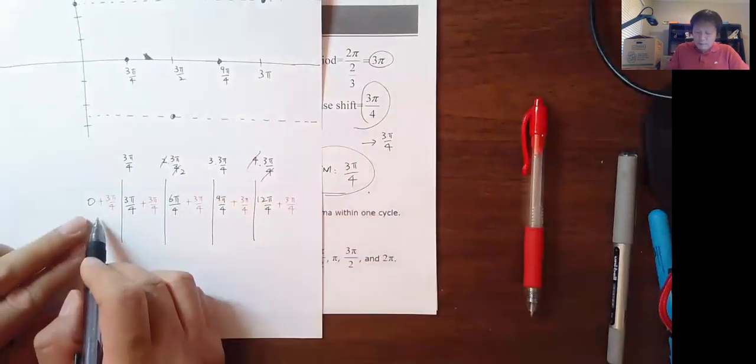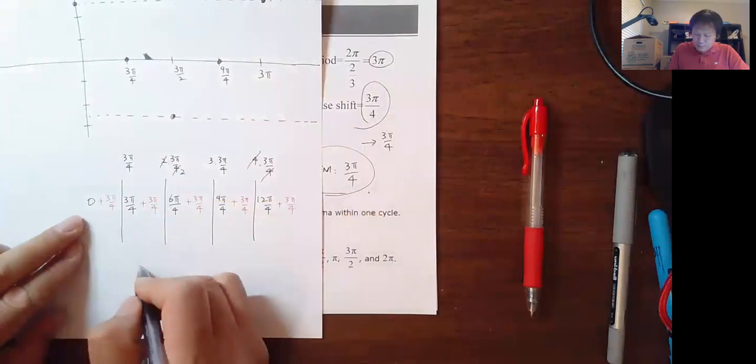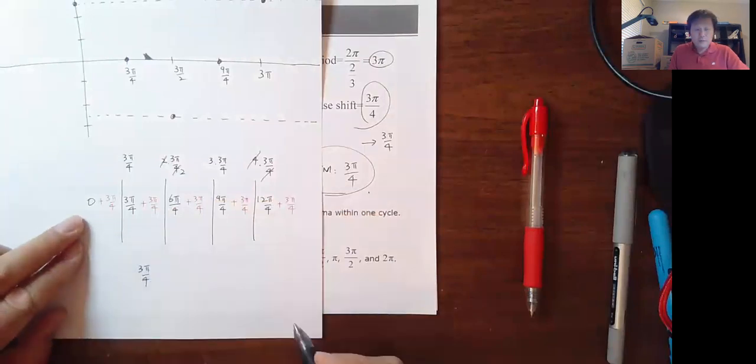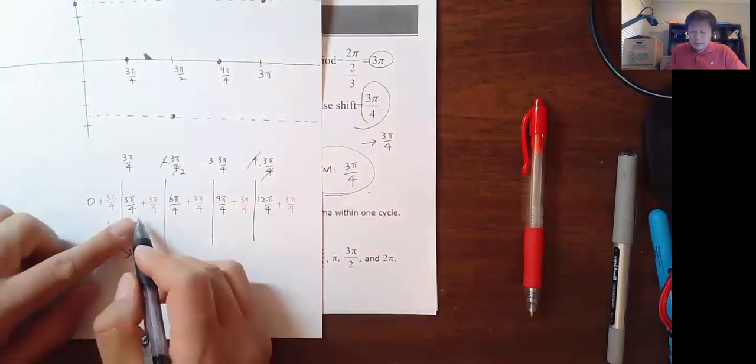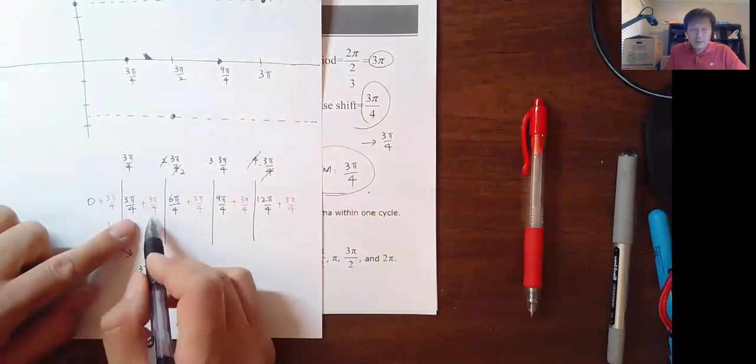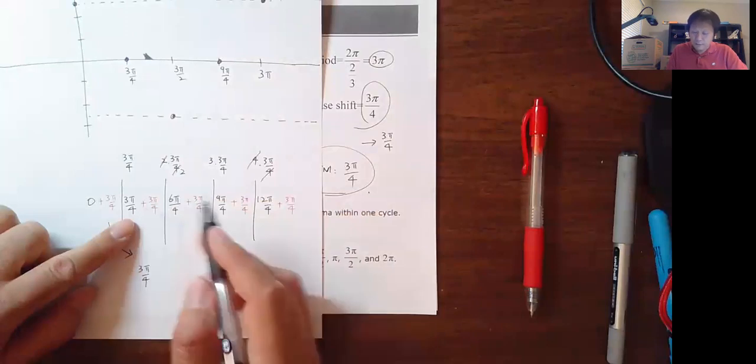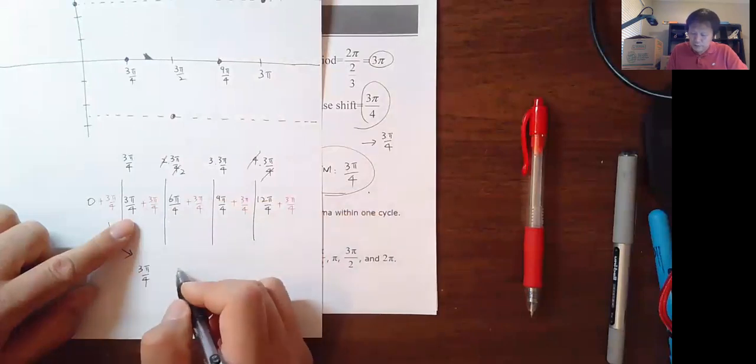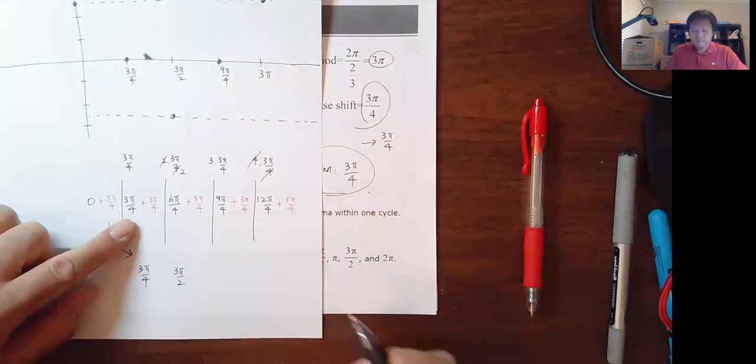So that becomes 3 pi over 4. This becomes 6 pi over 4. 6 pi over 4 simplified is 3 pi half.